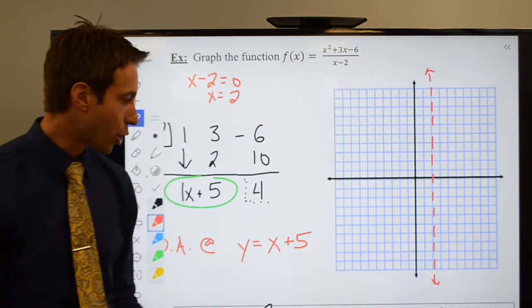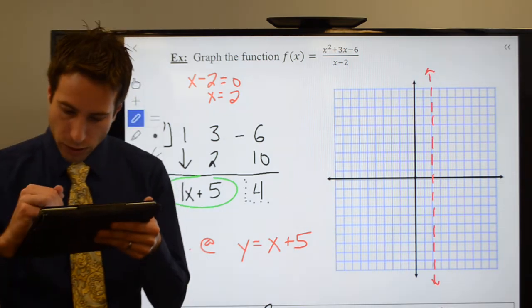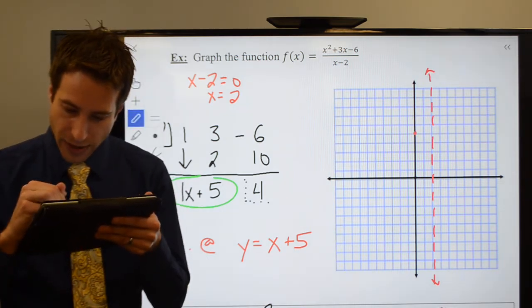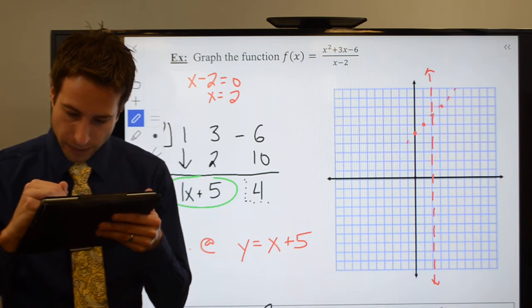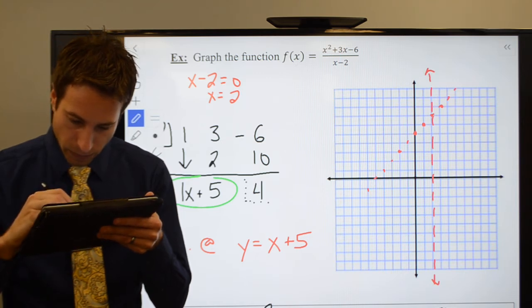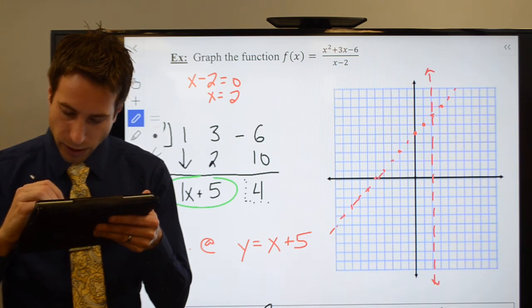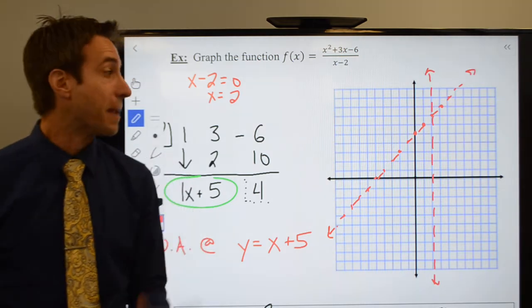My slanted asymptote has a y-intercept of 5, a slope of 1. 1, 2, 3, 4, 5, so right there, and then it's just going to have a slope of 1. So it's going to go like that. Could go down 1 and back 1 if you wanted to. Anyway, my slanted asymptote's going to run right through there.